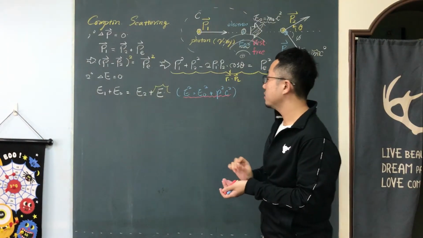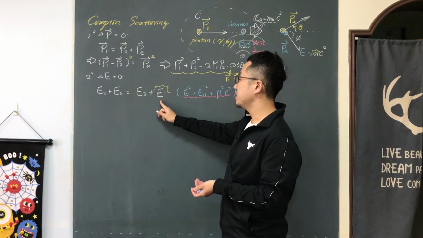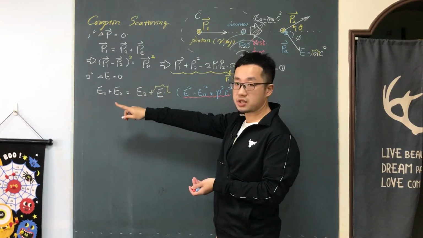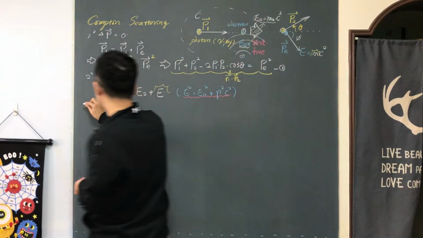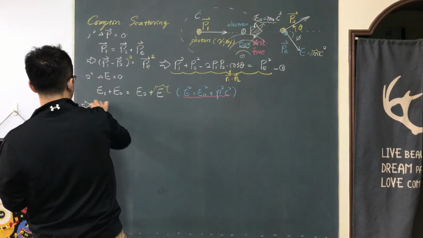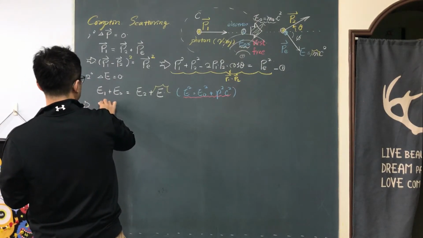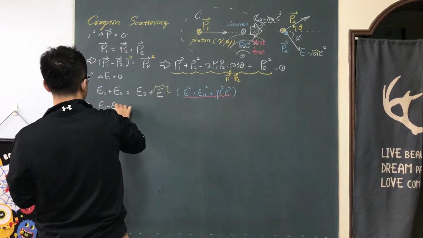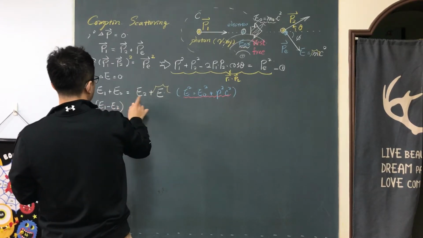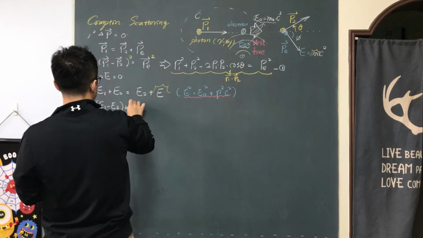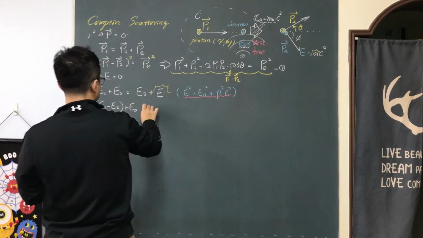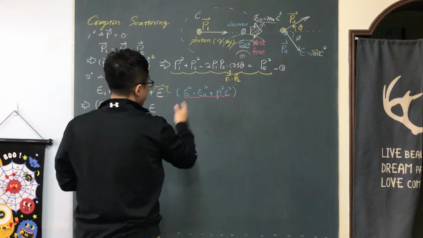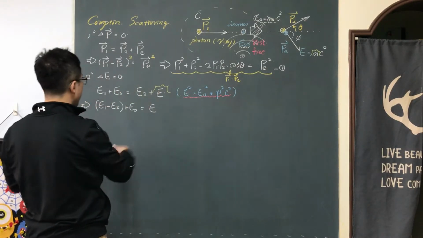Okay, just to rearrange it, I'll leave the E on the right hand side and move the E2 to the left hand side, which is going to be E1 minus E2 plus E naught is equal to E.